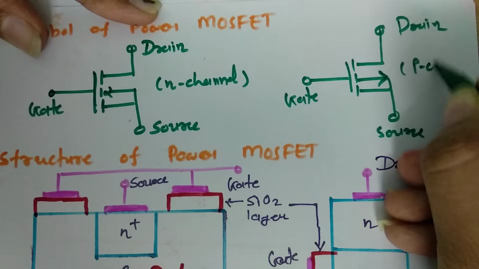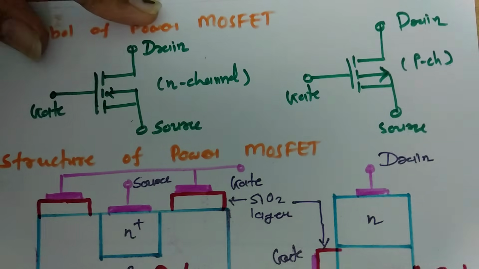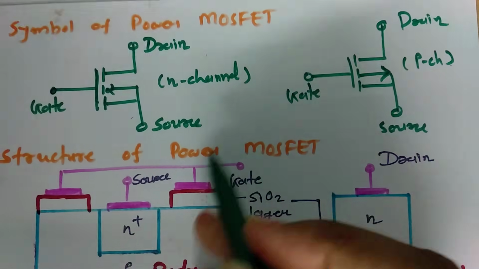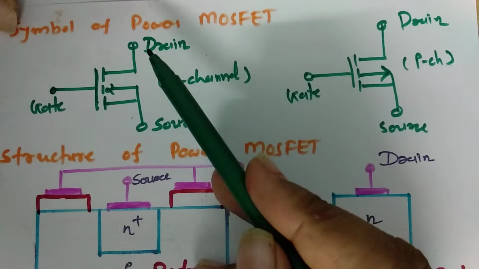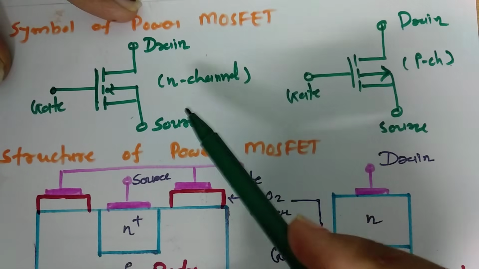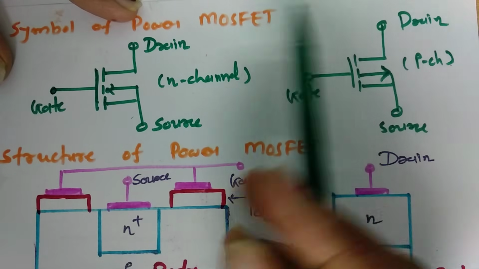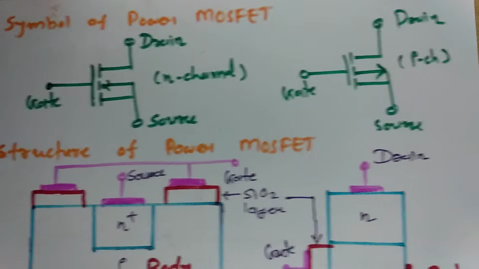This is P channel MOSFET. So ultimately MOSFET is a 3-terminal device: gate, drain and source. N channel and P channel are the two types.